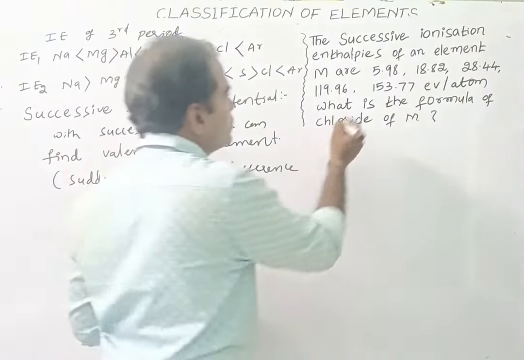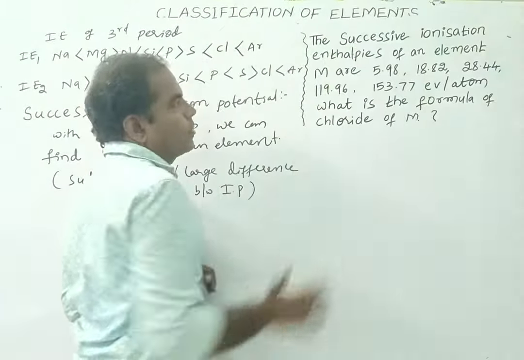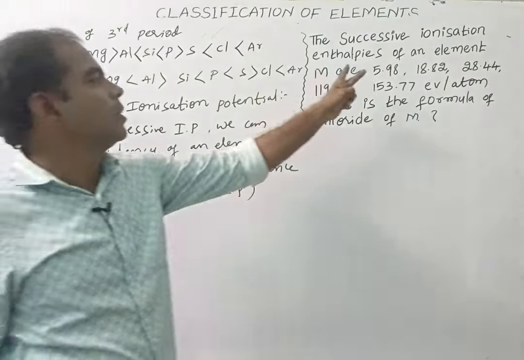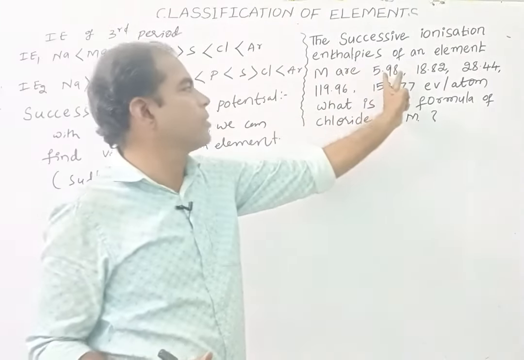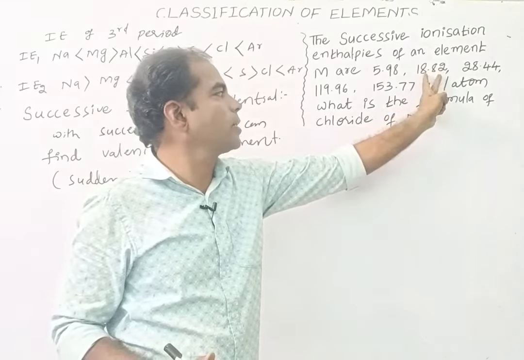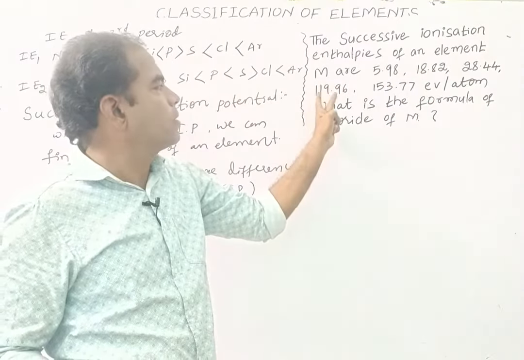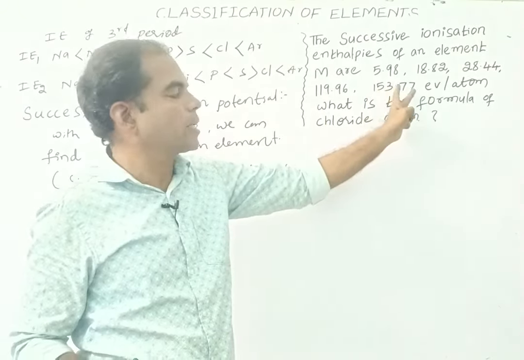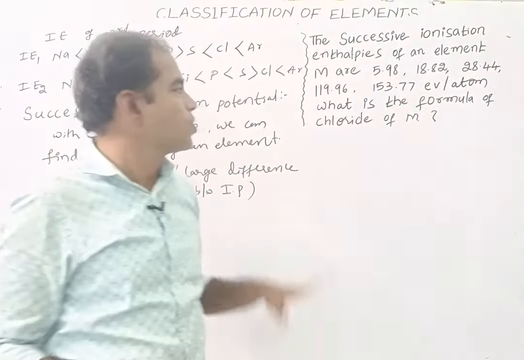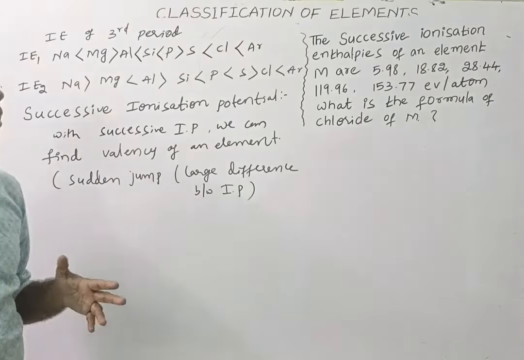See, the successive ionization enthalpies of an element M are given here: 5.98, 18.8, 28.44, 119.96, 153.77 electron volt per atom. So, what is the formula of its chloride?